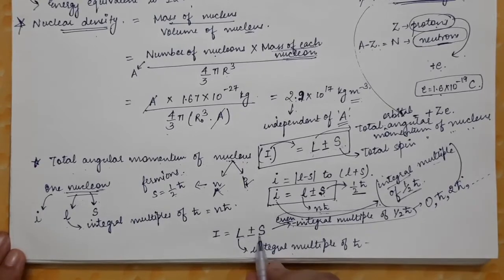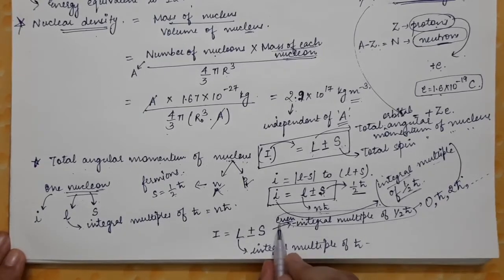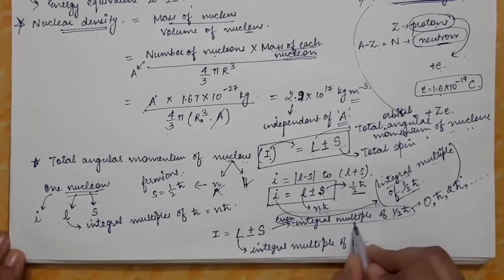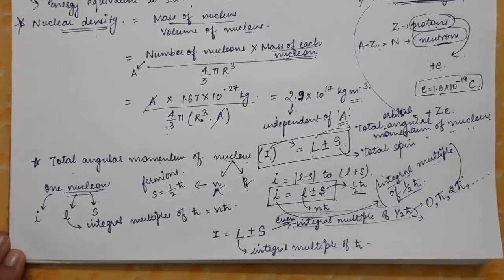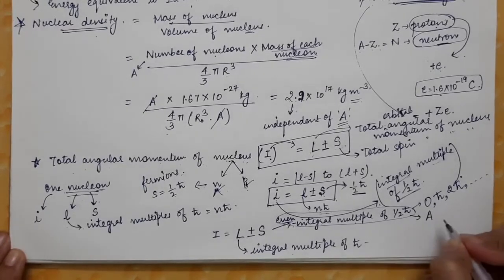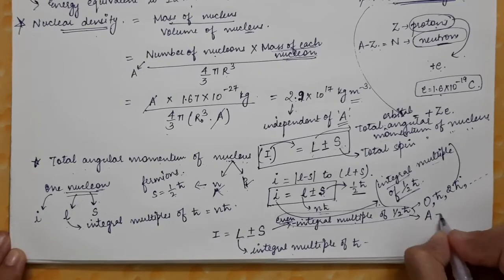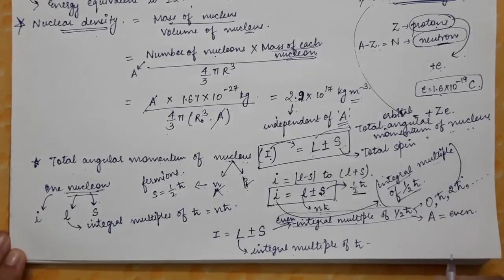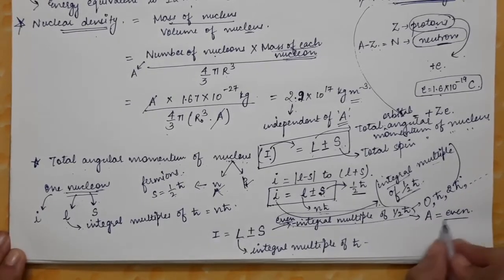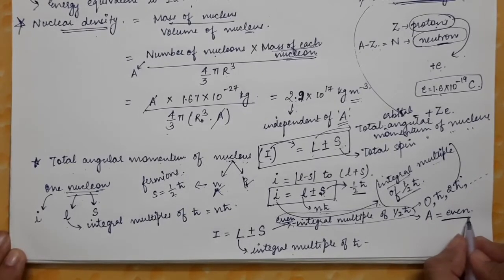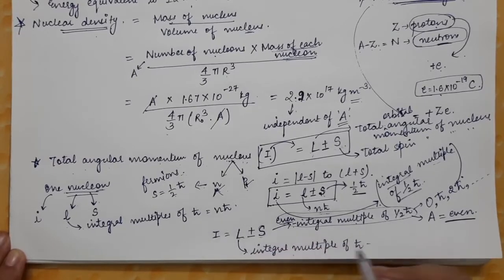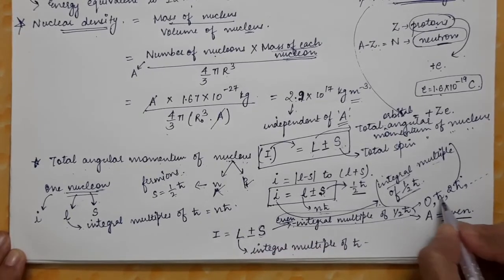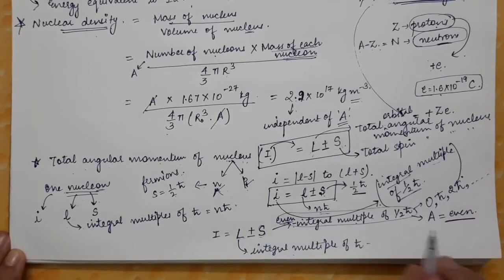So capital S will take values which are even integral multiples of half h cut only when capital A, the total number of nucleons present inside the nucleus, is even. If the total number of nucleons present inside the nucleus is an even number, then the total spin angular momentum of the nucleus will be either 0 or h cut or 2h cut, 3h cut, and so on.